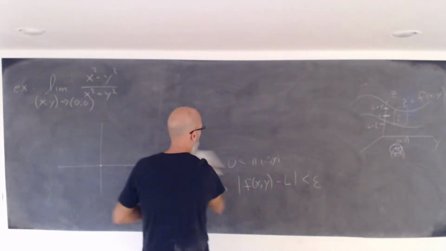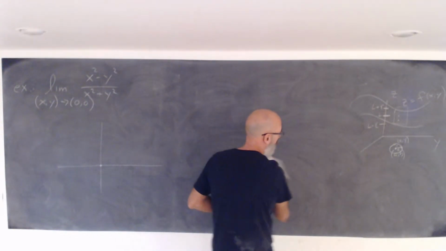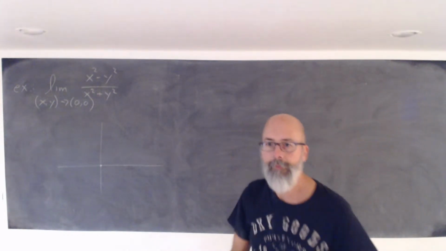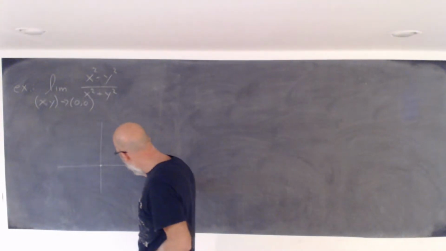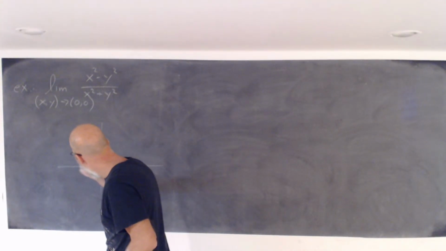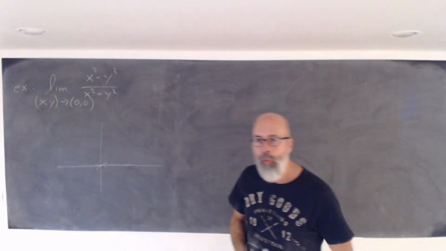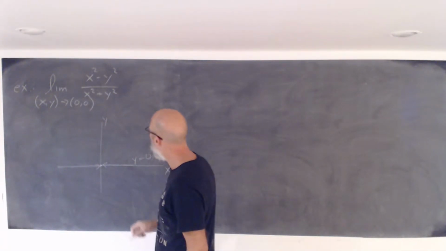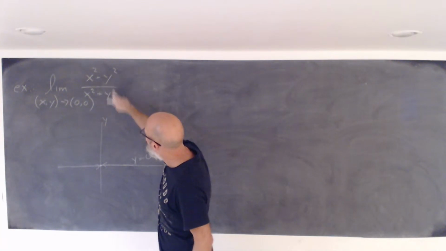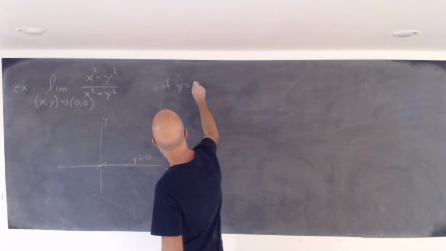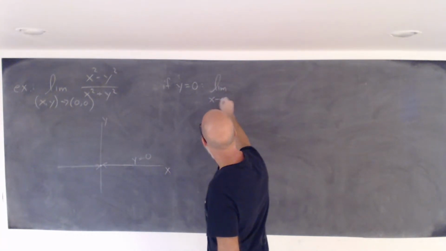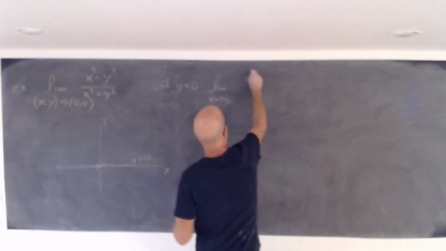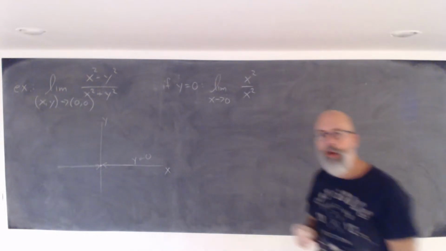Suppose we go to the origin via the x-axis. What if we go to the origin this way? When y is 0, your function, this is 0, this is 0, your function is just x squared over x squared.